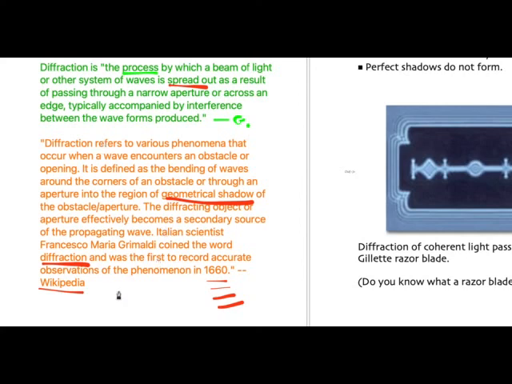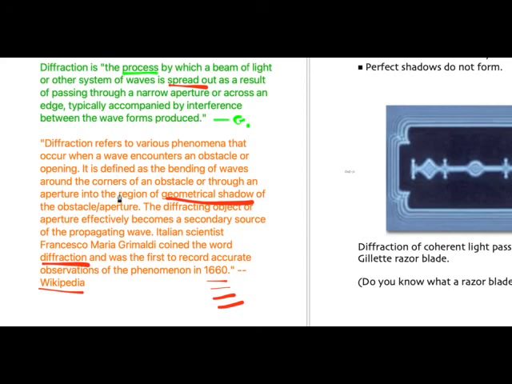Now, in this Wikipedia, it doesn't particularly emphasize light. The same thing happens for water waves, water waves passing by a rock, or water waves passing into a harbor through an opening in the harbor walls.